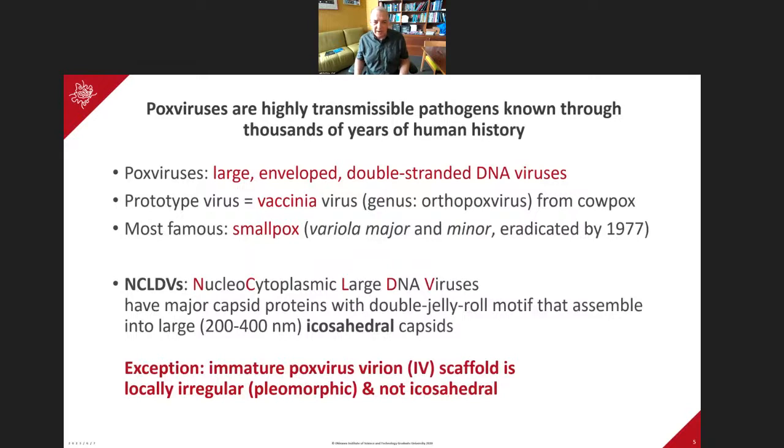NCLDVs are nucleocytoplasmic large DNA viruses. So they have a very large capsid on the order of 200 to 400 nanometers. Compared to the coronavirus that causes COVID, and coronavirus is up to about 200 nanometers, pox viruses are even larger. They also have many more surface glycoproteins, and they have 12 to 15, I think, glycoproteins that initiate membrane fusion.